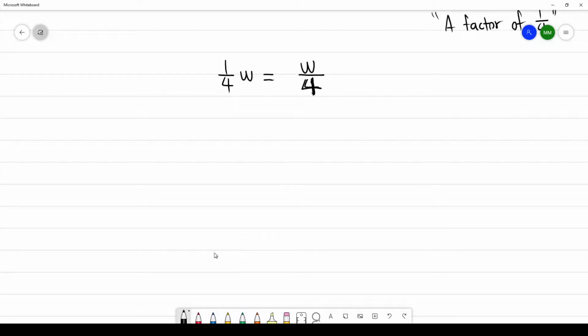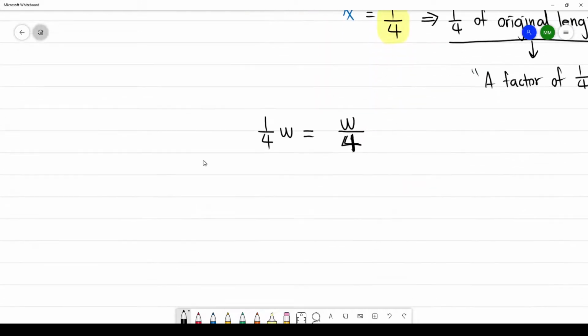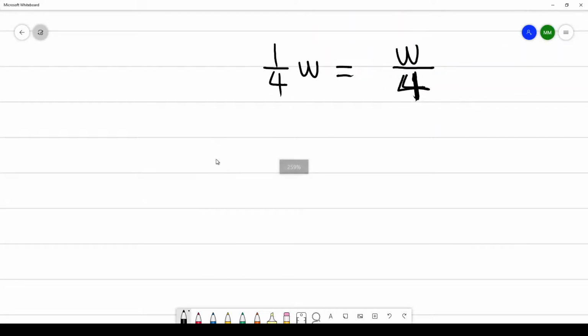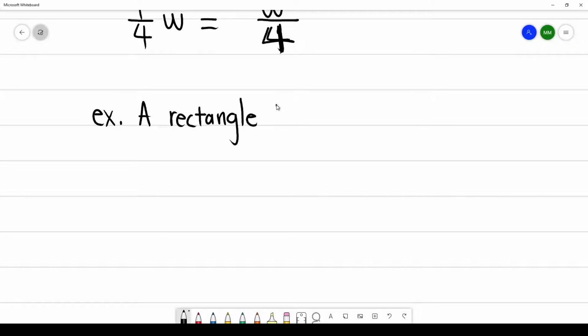Let me give another example then. Rectangle again has a constant area, okay?